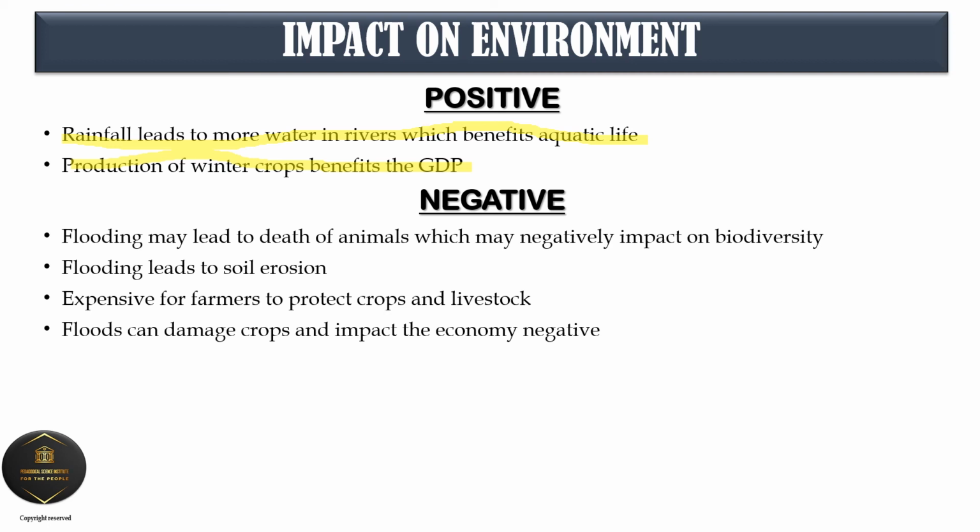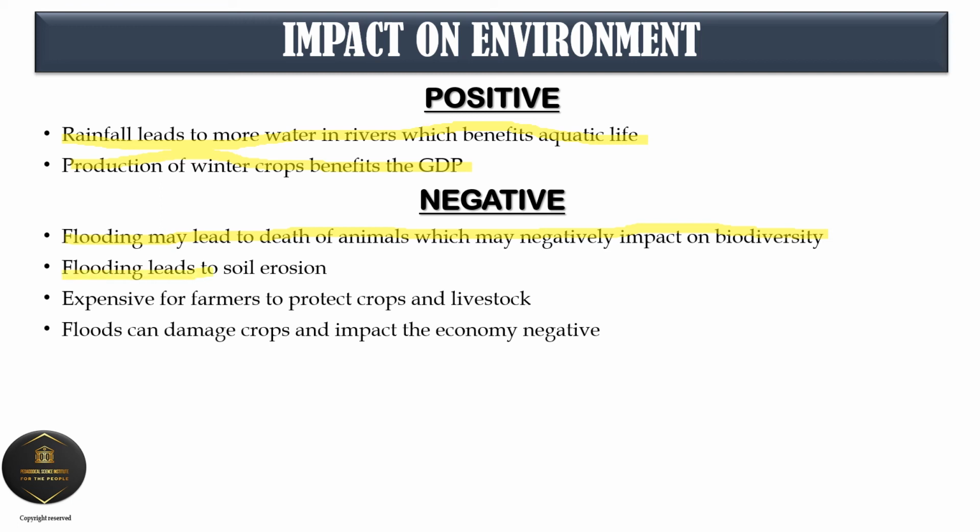So that is an impact on the environment. Of course, it may be connected to the economy and humans in some aspects, so let's also remember that. And a negative is that flooding may lead to death of animals, which may negatively impact on biodiversity.